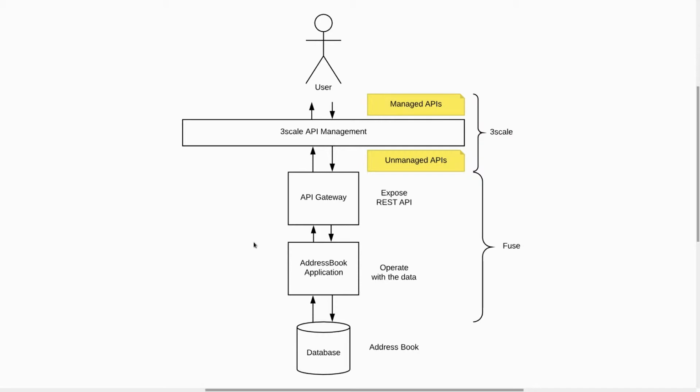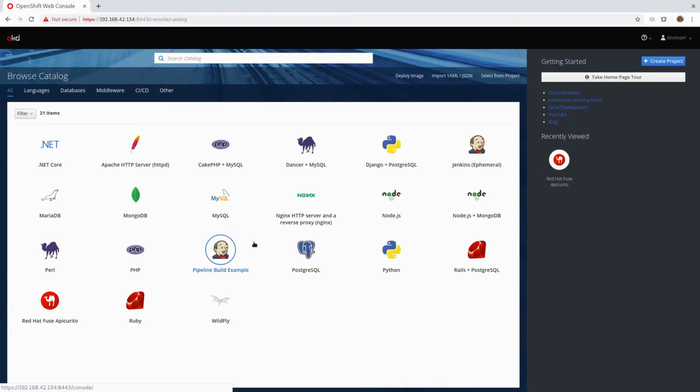So first of all, I would like to design a REST API contract for my application. Luckily for me, there is an Apicurito, which will help me with this task a lot. So right now I am on OpenShift web console, and there is a Red Hat Fuse Apicurito template.